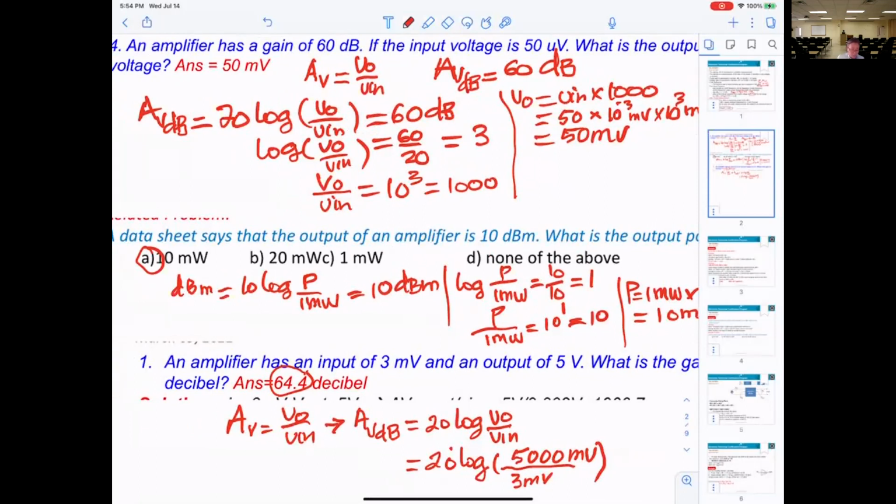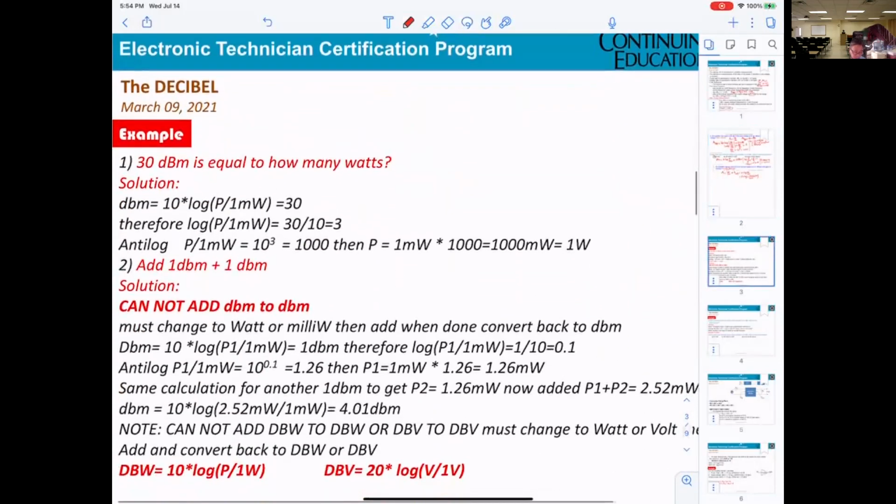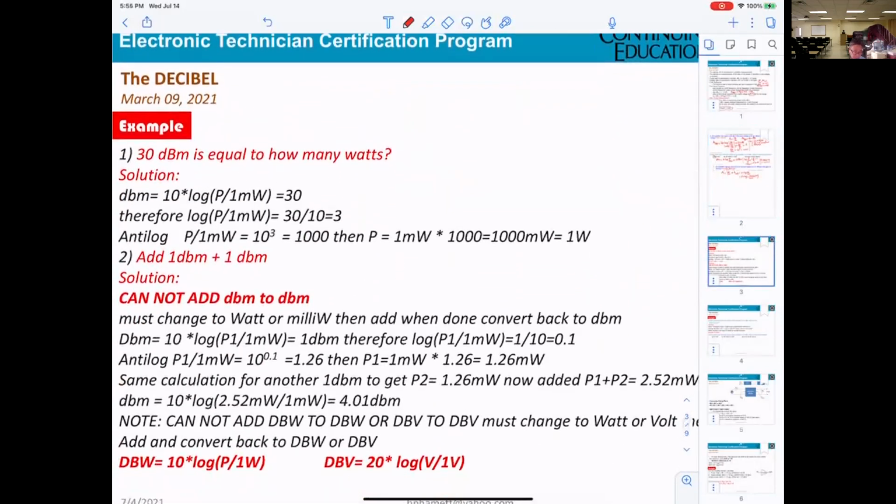Okay, any more questions? Here we go. Okay, for example, 30 dBm equals how many watts?